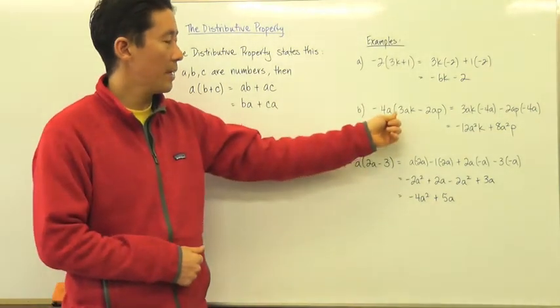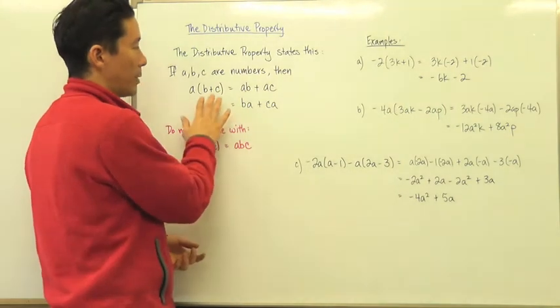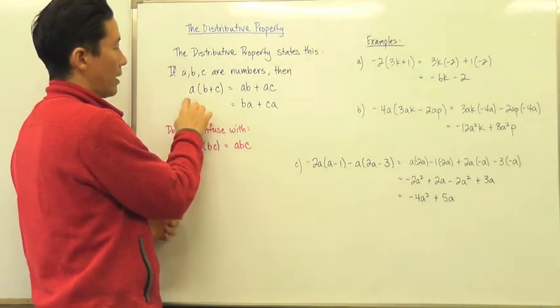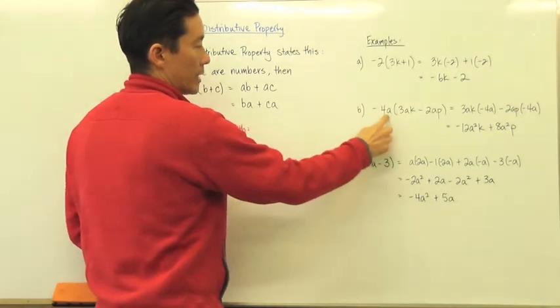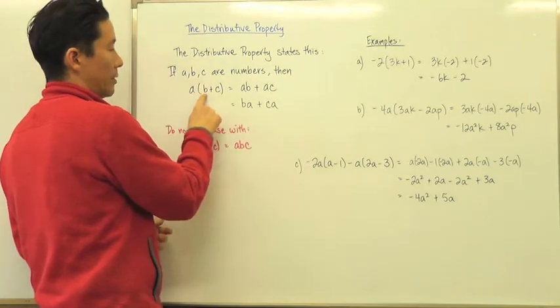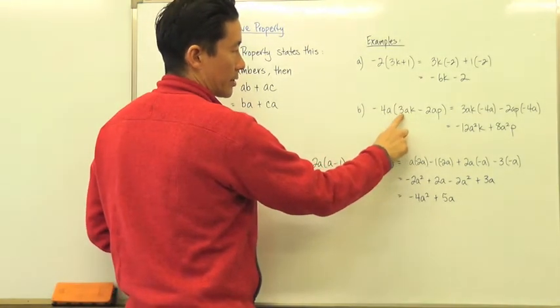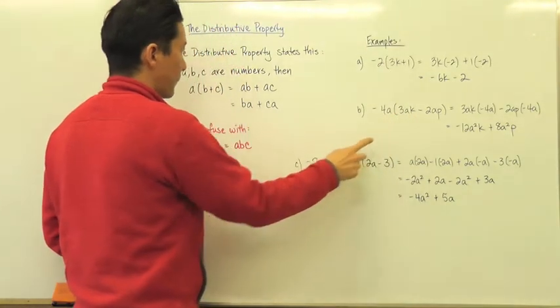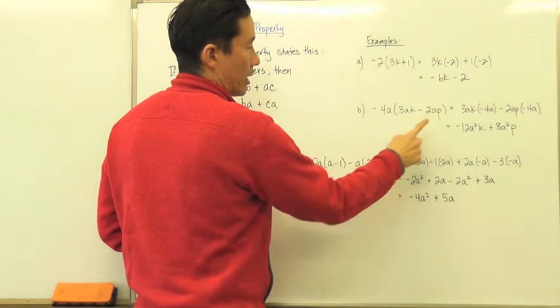Okay, we do the same thing here. Notice that even though this looks a little bit more complex, the basic idea is still the same. This right over here, which is what I'm distributing, is equal to, in this case, negative 4a. This value right here, or b, is this particular term here, which is 3a minus 3ak. And the c is actually going to be the minus 2ap.